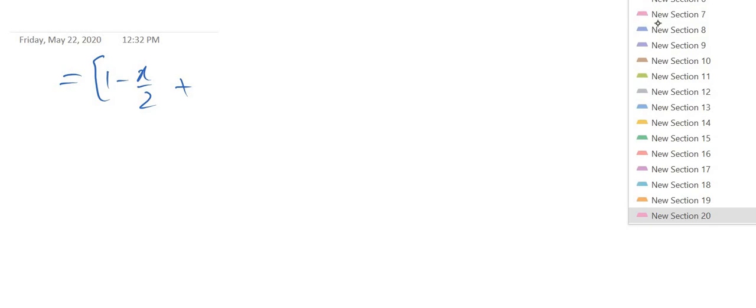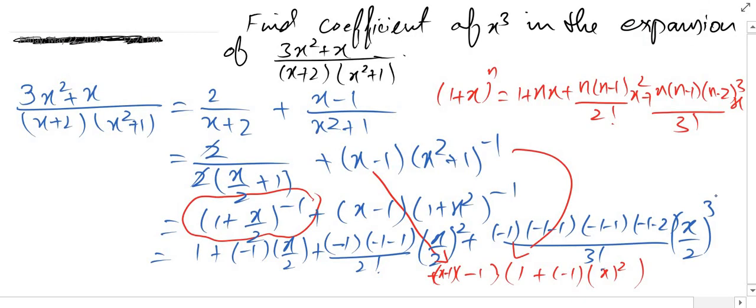Now if we simplify it further, 1 plus minus 1 into x over 2 is minus x over 2, plus minus 1 into minus 1 minus 1 is minus 2.